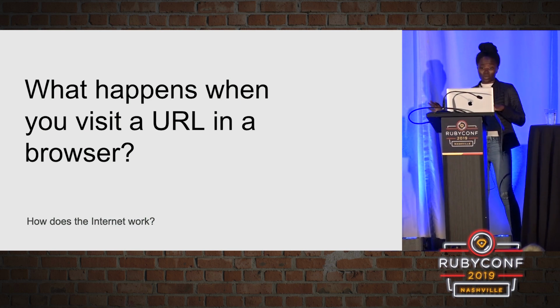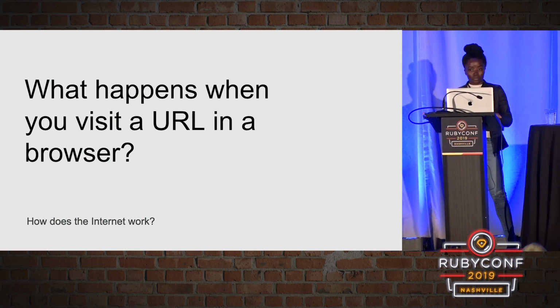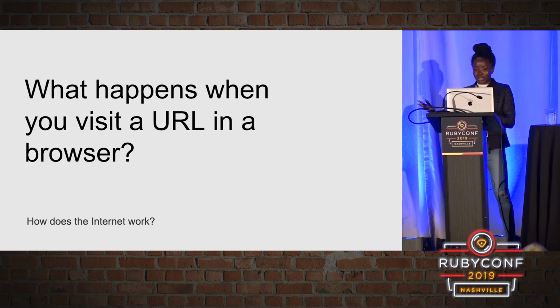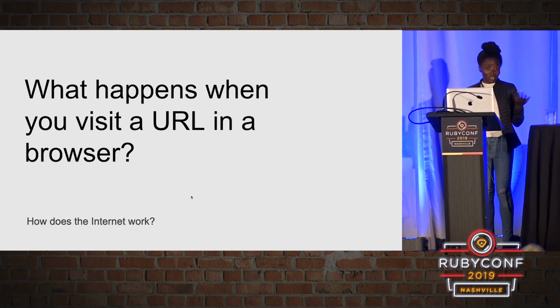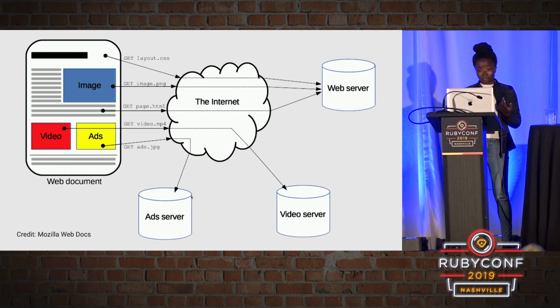The application protocol that makes the web work is Hypertext Transfer Protocol, abbreviated to HTTP. It is a protocol that web browsers and web servers use to communicate with each other over the internet. The HTTP protocol is perhaps the most popular application protocol that is used over the internet.